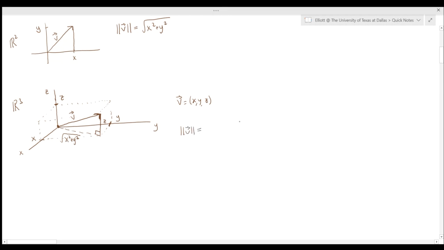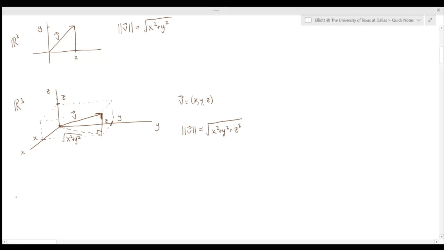And from that, you get that the norm of v will be given by that formula. Okay, so it's a straightforward generalization of what you see in R2. That's still a consequence of the Pythagorean theorem.